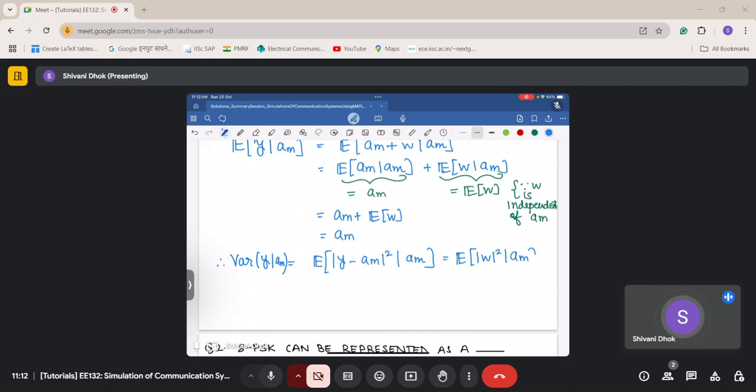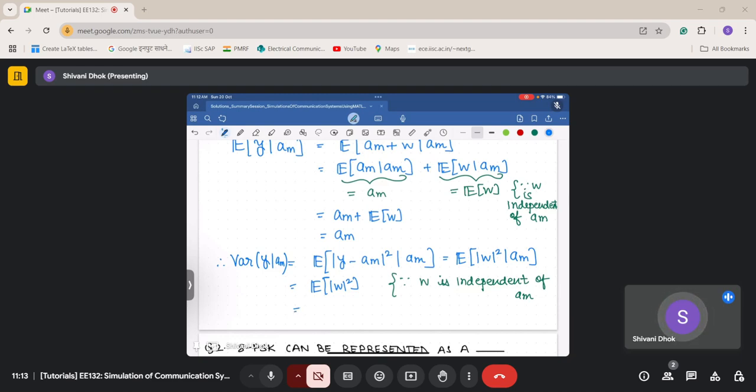So we get this as expectation of magnitude W square given AM, which is equal to expectation of magnitude of W square. Why? Again, the same reason, since W is independent of AM. And what is this?